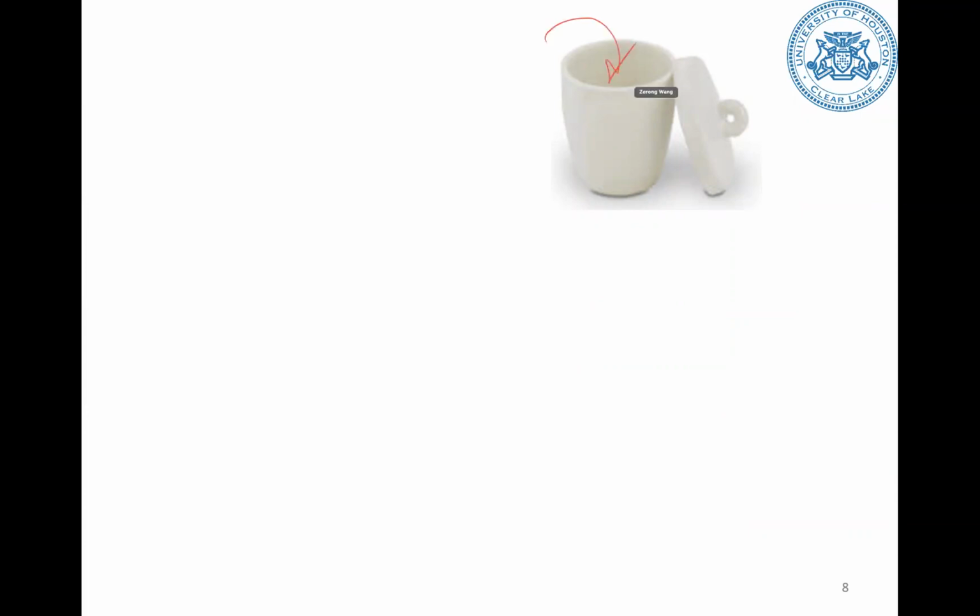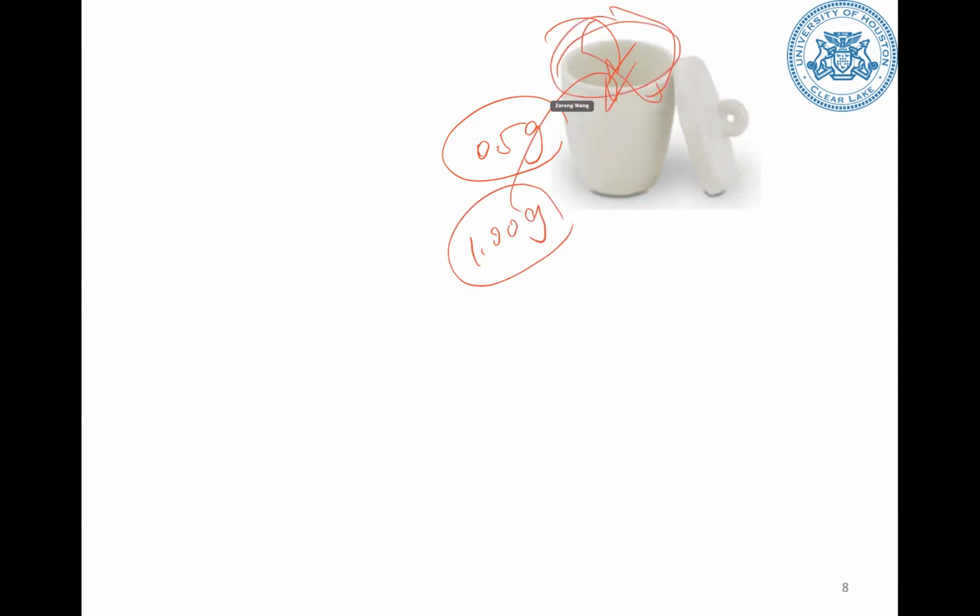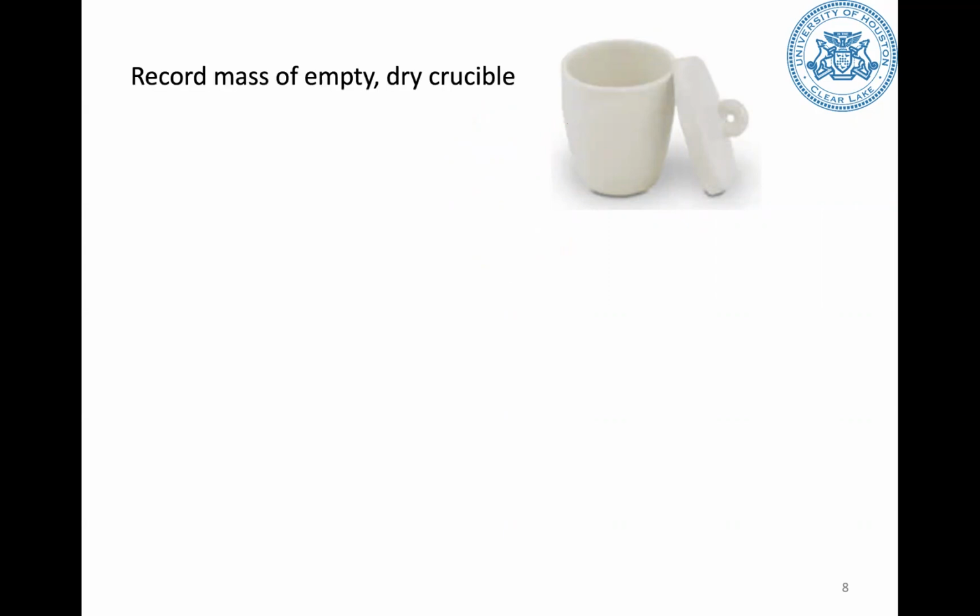Don't weigh too little. If you use less than 0.5 gram of your hydrate, the amount of water is probably too small, so even if you lose some water, the amount may not be accurately measured since we use a top loading balance. So we will ask you to add roughly about 1 gram. And this, you will cover something like this, but never fully cover it, okay? So that's why we ask for roughly about 1 gram.